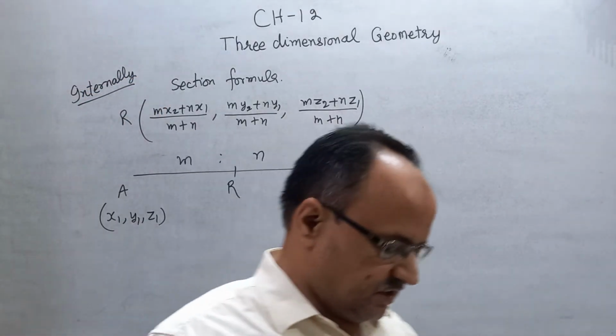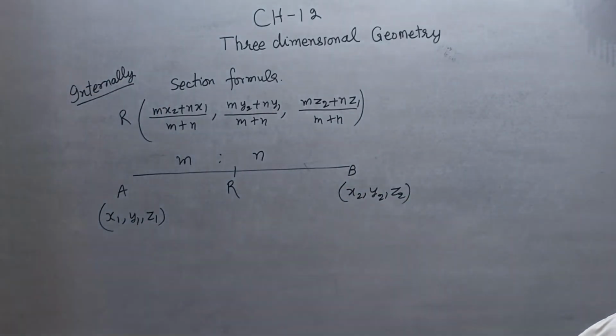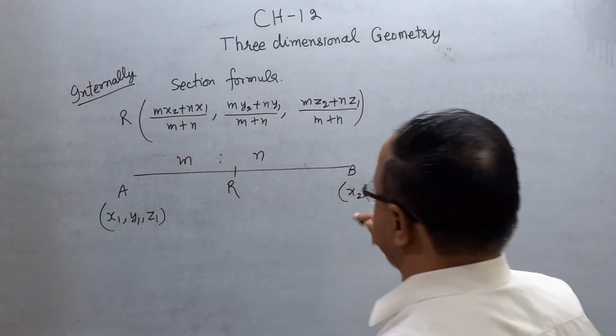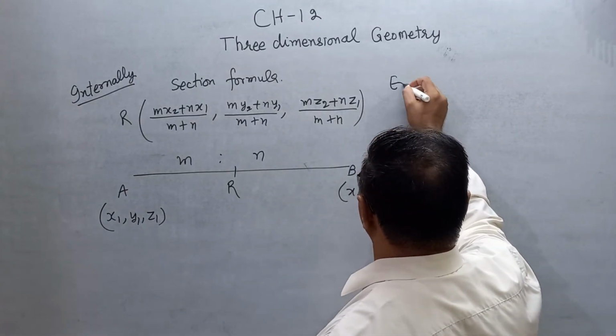If external division is given, then here you can write minus.